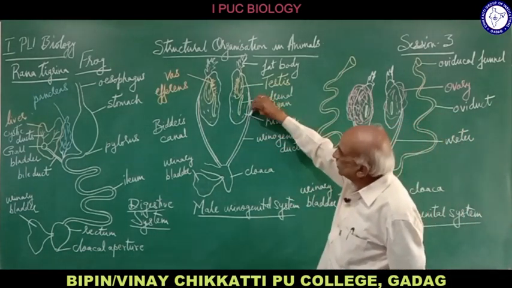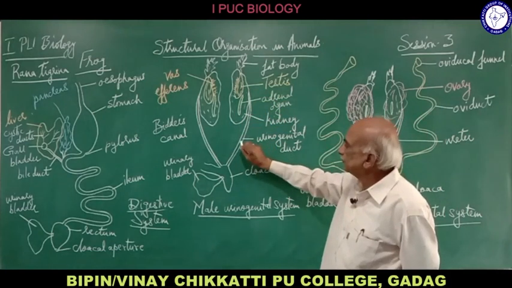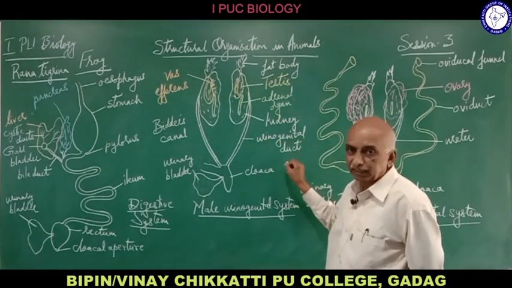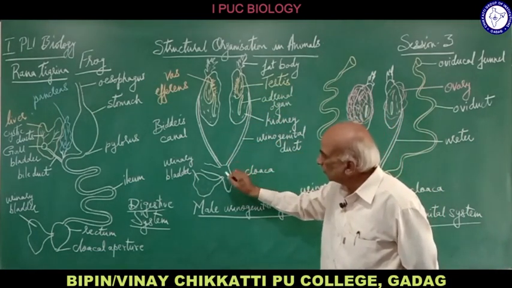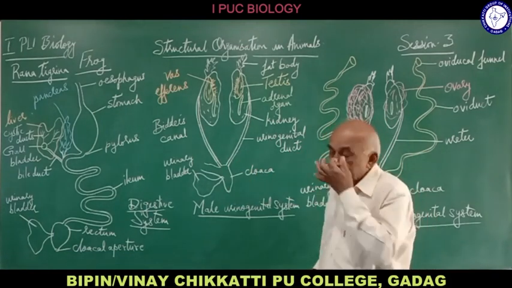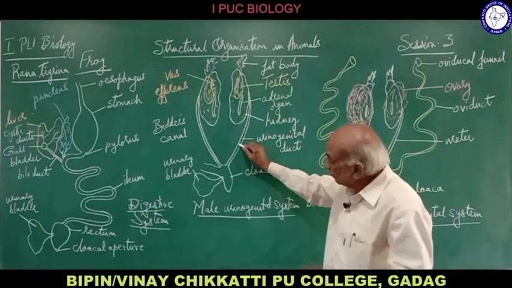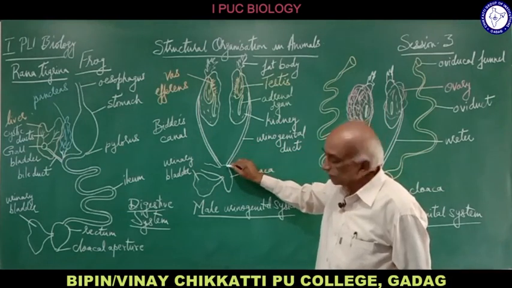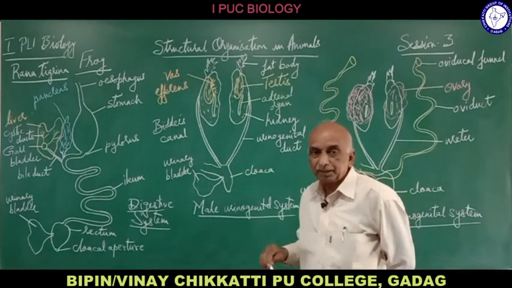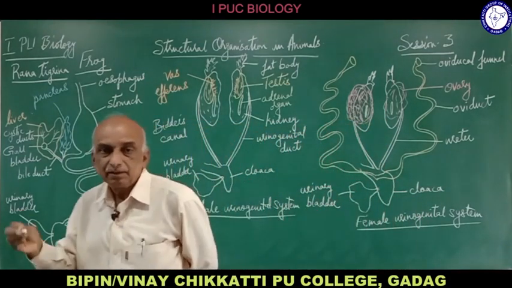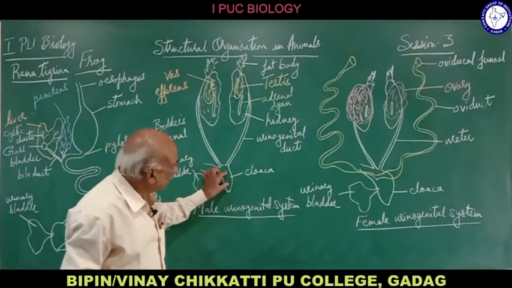The ureters in the male are referred to as the urinogenital ducts. These two open into the cloaca. That means the urine and the sperms are carried by the urinogenital duct and released into the chamber called the cloaca.